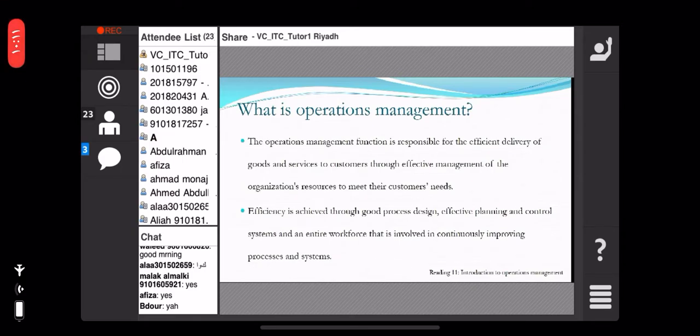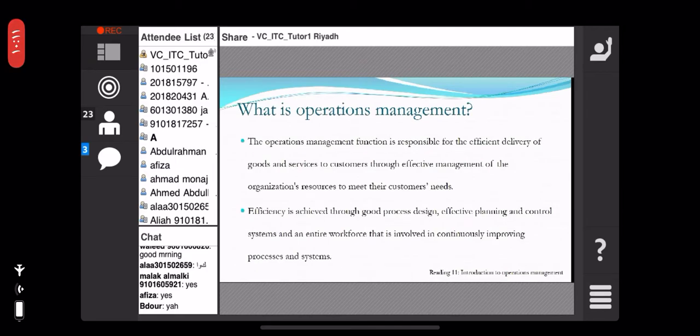Meaning you have the capability to make a positive quality. So efficiency is achieved through good process design.